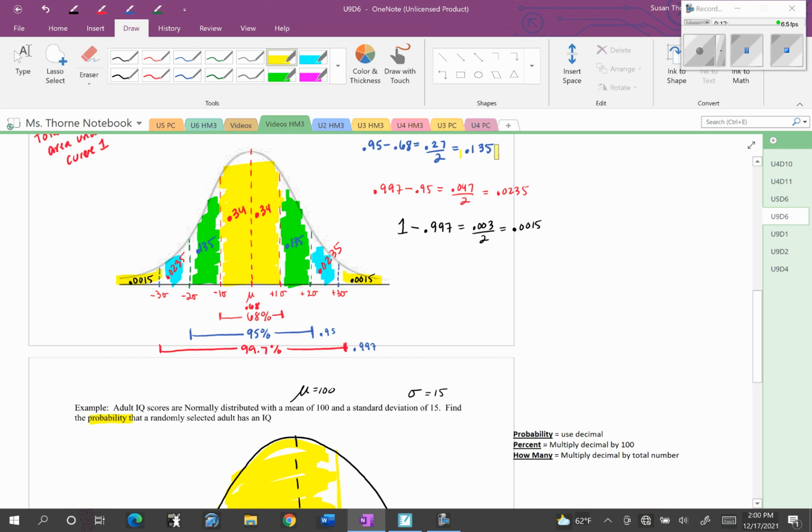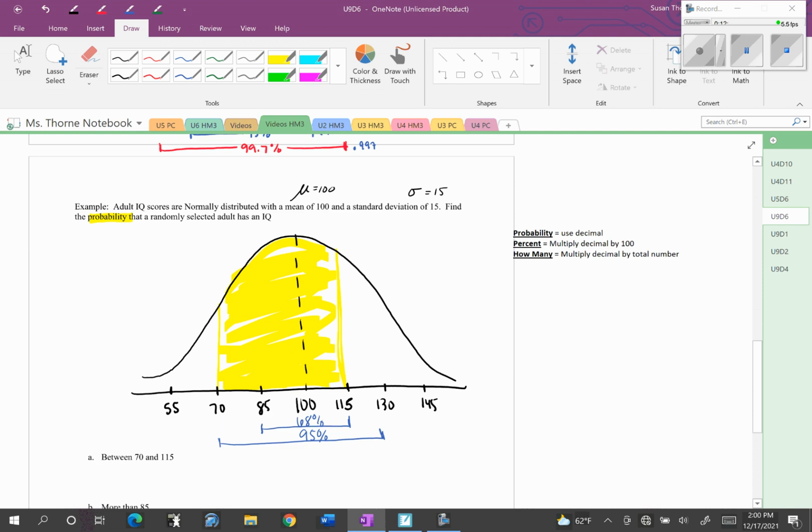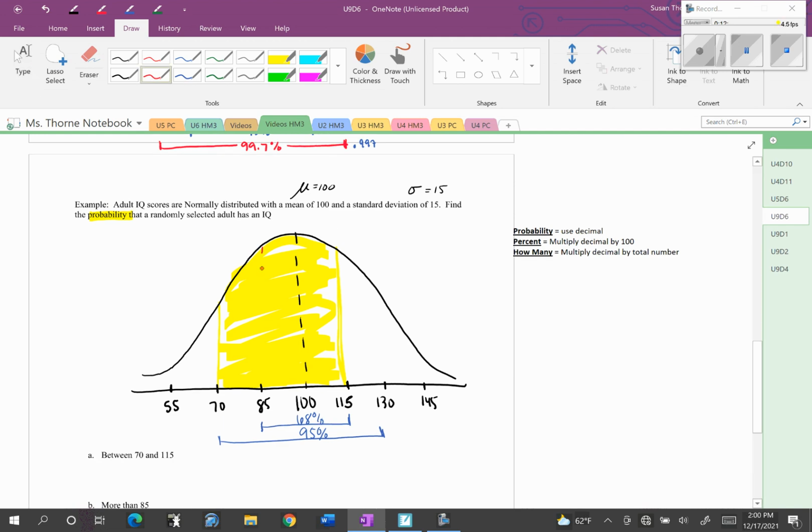And remember, we got the 0.135 for each side. So if we draw our lines back in, this is 0.34 and 0.34, because that's 0.68, which is 68%. And this is 0.135, and this side would also be 0.135.